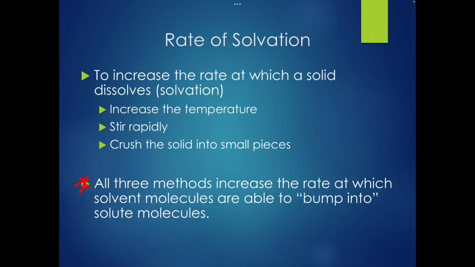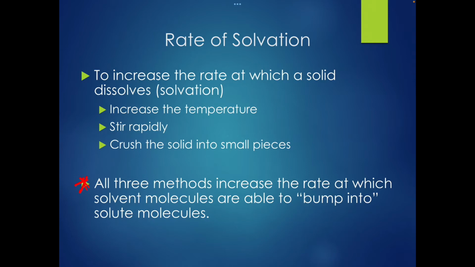And then lastly, you can crush the solid into tiny pieces. I like to think about this as if I was going to put some sugar in my tea. I lived in London for a little bit while I was studying there, and everybody has tea. And so, if you put a sugar cube in your tea, it's going to dissolve a lot more slowly than if you put some kind of granulated sugar, like the regular sugar you might use at home.